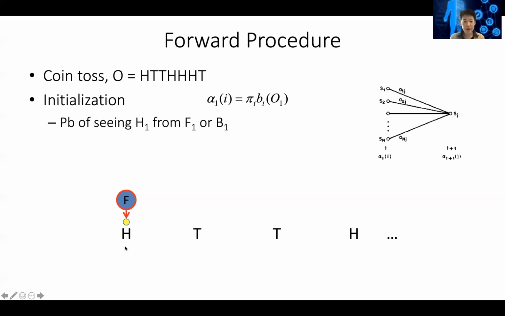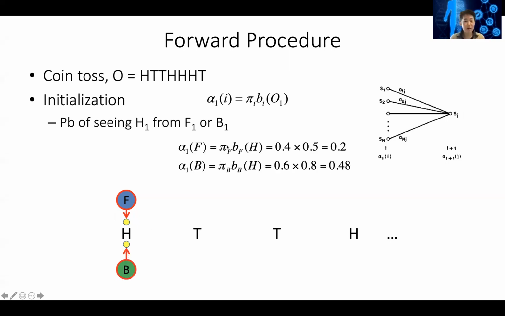We can calculate the same for the other side, which is a number we keep track of in this yellow circle here. If we use a biased coin, it's the initial probability of the biased coin, and the emission probability from the biased coin to give out this head. And so that's, here, initial probability times emission probability.